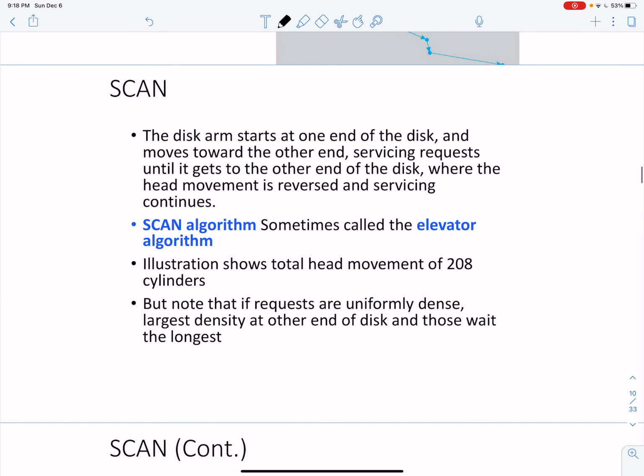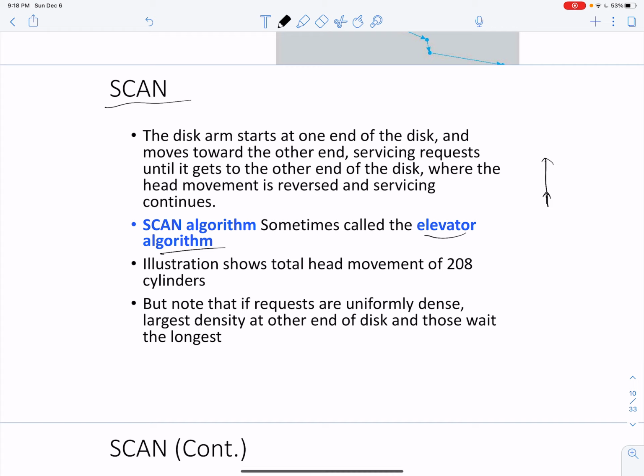And the last one is named scan. This one is most widely used in modern operating systems. To explain it in a better way, I can give it another name, the elevator algorithm. The idea is that if you want to move your head up, then it can only go up.